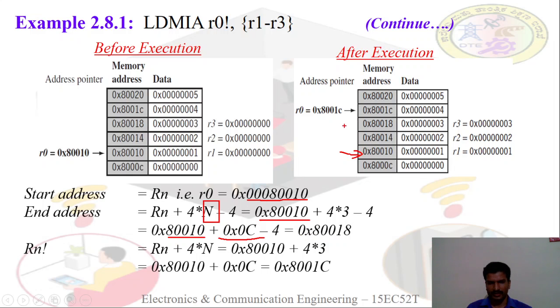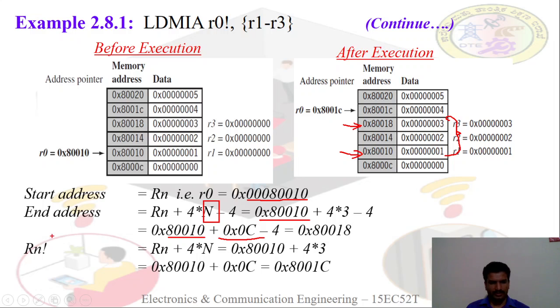See here, 80018. We are loading 3 words from the memory, so this is the starting address of the memory and this is the ending address of the memory. From these 3 memory locations, data is loaded to R1, R2 and R3.